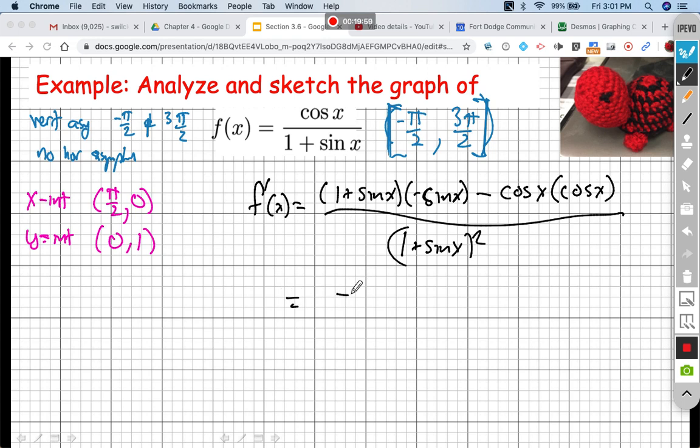So this is going to be a negative sine x minus sine squared x minus cosine squared x.